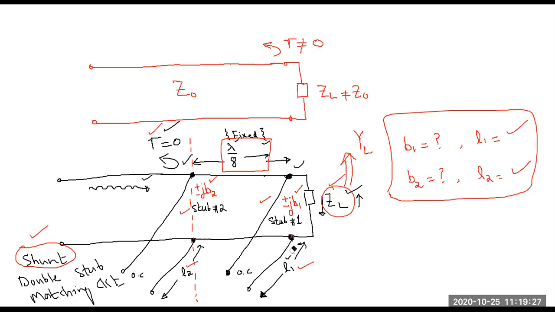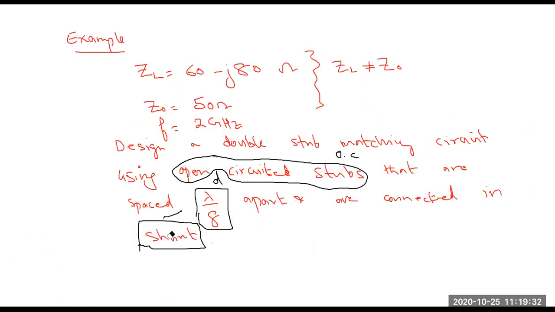So that is why I have encircled this, as an indication that we are given the load in terms of its impedance. So the first thing we need to do on the Smith chart is convert load impedance into load admittance.